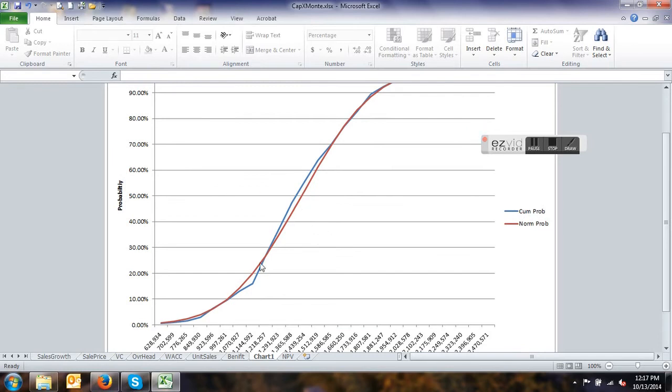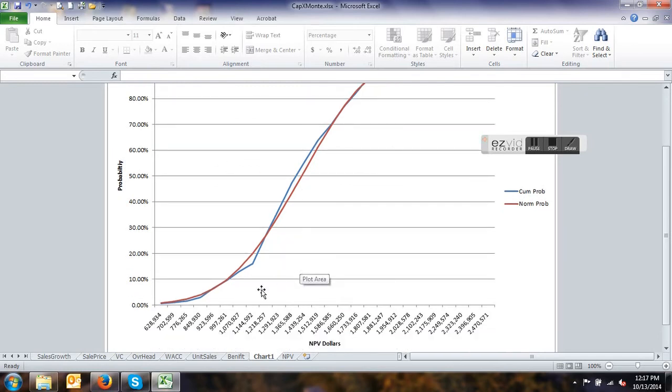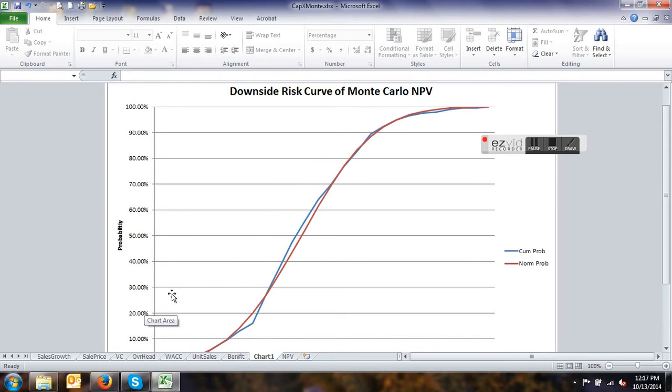And this just gives you an idea of, what's the probability, for example, of being under 900,000. Well, you come over here to 900,000, you go up and across and say it's about a 5% probability of being under 900 value. There's almost a zero probability of being a negative NPV project based on all these different things.